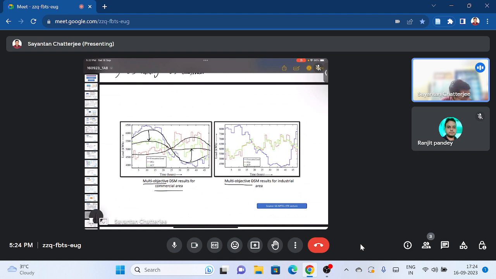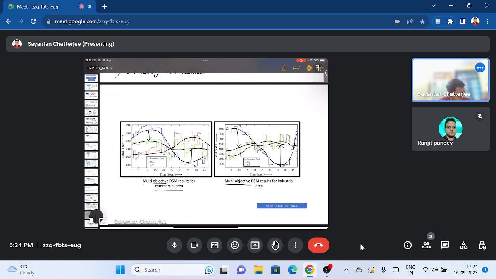And again, for the similar case for the industrial consumers, we can observe that this was the curve, and it was quite maintained. Means this green line was maintaining. So we can observe that there is a shift in the peak point from top to down, and the valley point from bottom to up, to a flatter profile.